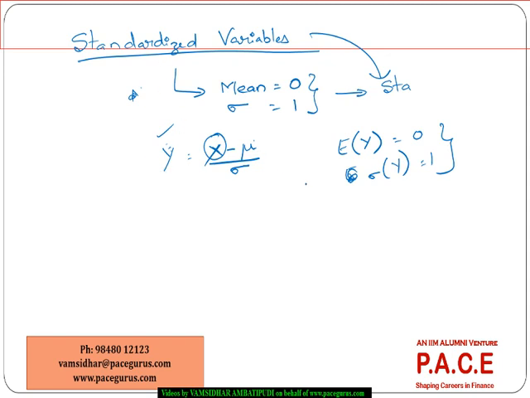So what is the simple way for me? When I am starting with x, find the mean of x, find the standard deviation of x. From each observation, subtract the mean and then divide by the standard deviation. That is the standardization process.